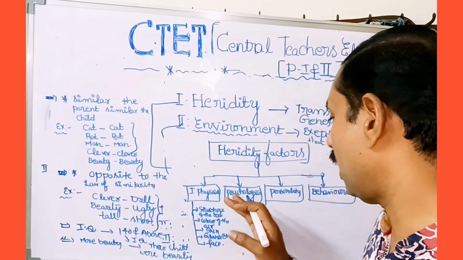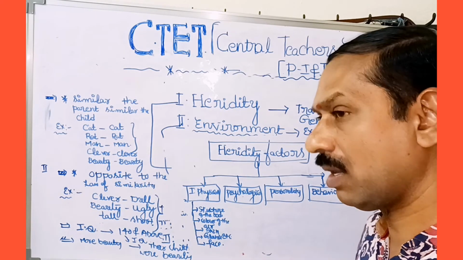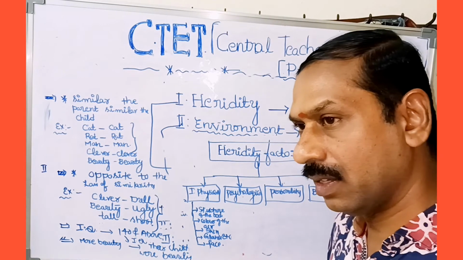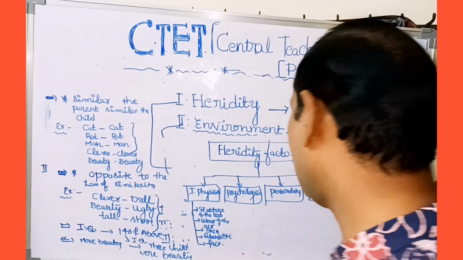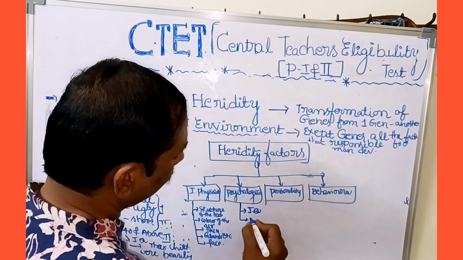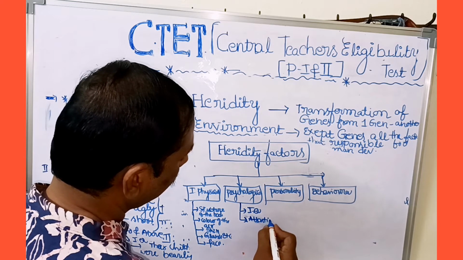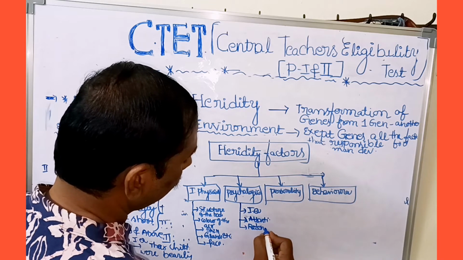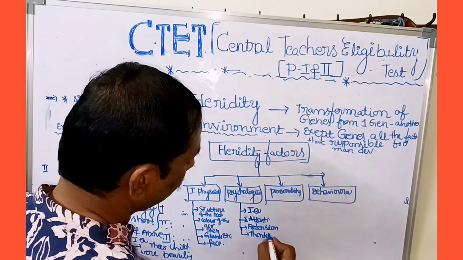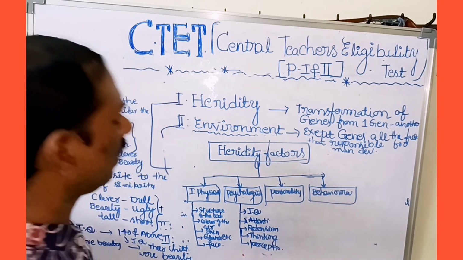Physical factors, psychological factors, personality factors, and behavioral factors are there. Physical factors are the structure of the body, structure of the eye, structure of the face, color of the hair, color of the face, and other glands in the endocrine systems, etc. And psychological factors are IQ, intelligence, adjustment, attention, retention, thinking, perception, etc. These are the psychological factors.